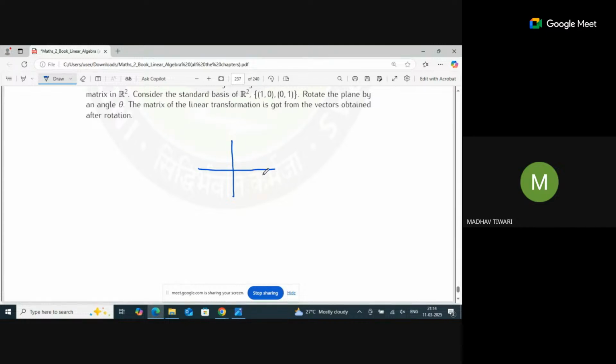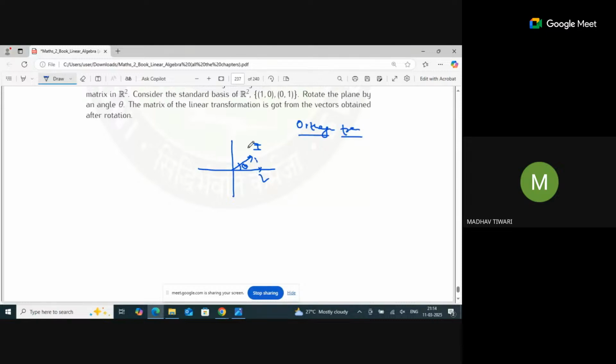Suppose your first vector is here. If you rotate it by theta, this is the image of this vector. This was your original vector and this is its image. This is called theta, or rotation, and it will be an orthogonal transformation in this case.